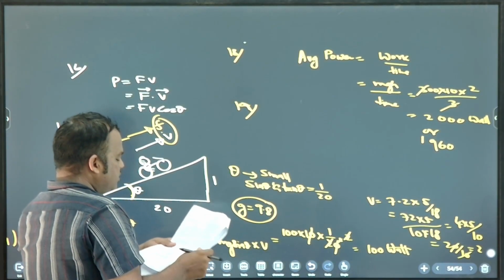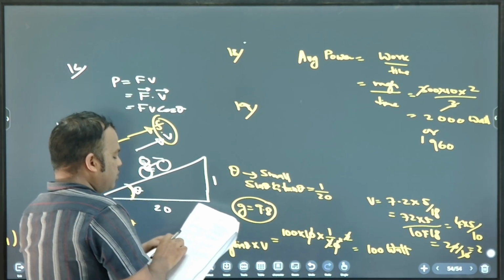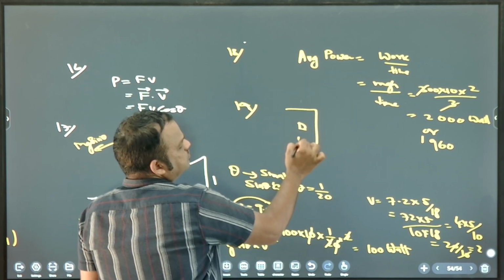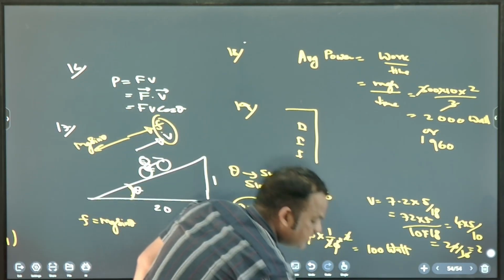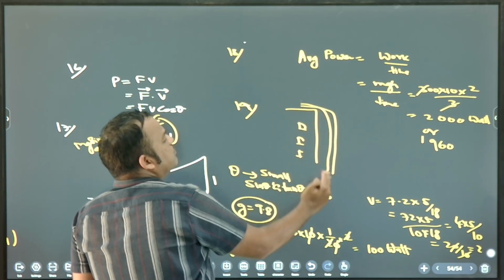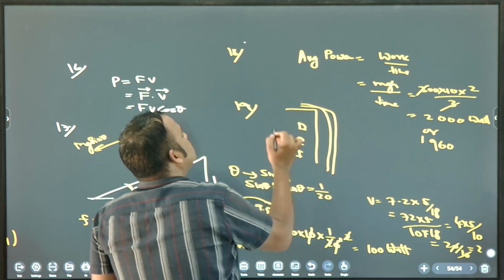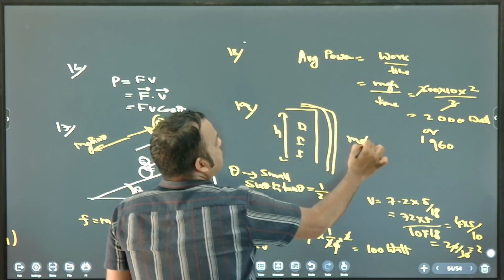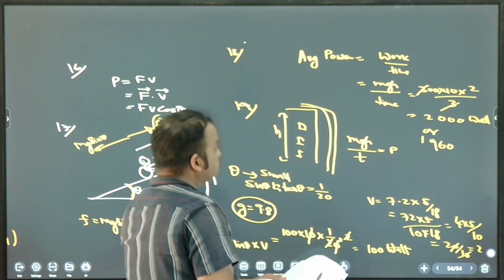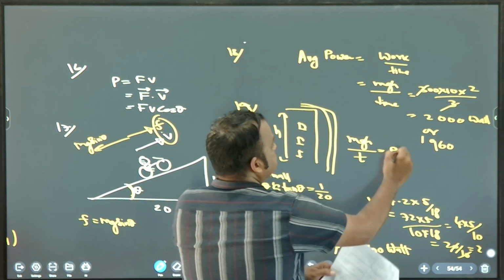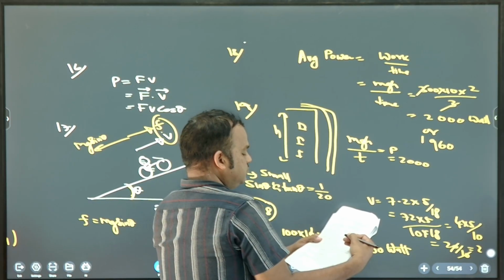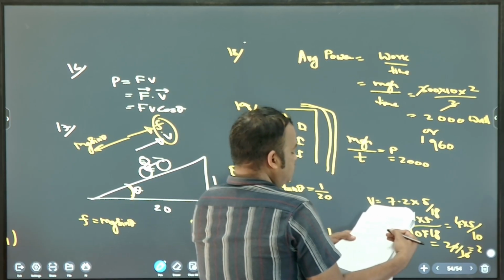Power of water pump is 2 kilowatt. Amount of water it can raise in 1 minute. Again same formula. Suppose this is the building. You are taking water from ground level and putting in the water tank. So water is transferred using pipe. So how much work done? Suppose height of building is h. How much work done? mgh by t. So mgh by t is power. Power is given 2 kilowatt. So 2000. Time is given 1 minute.